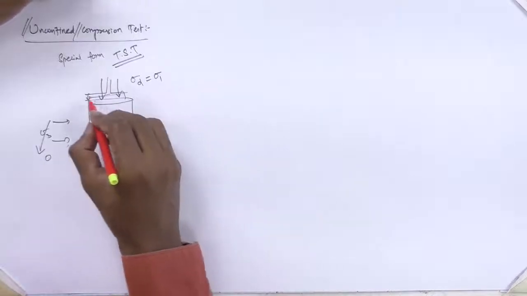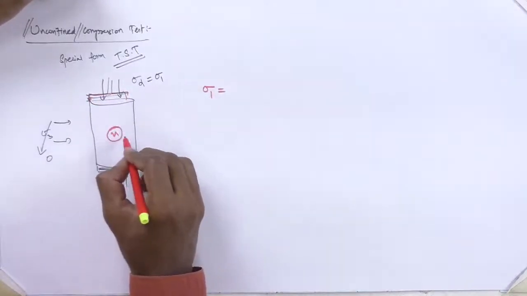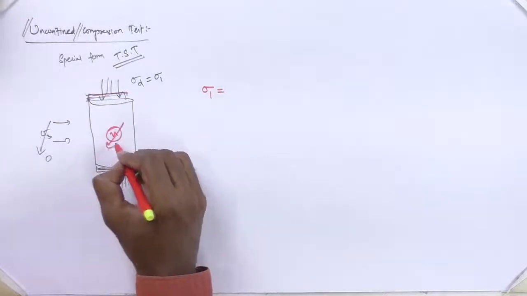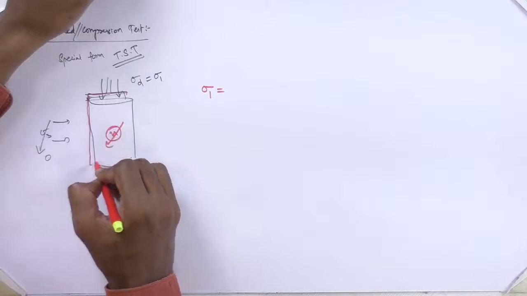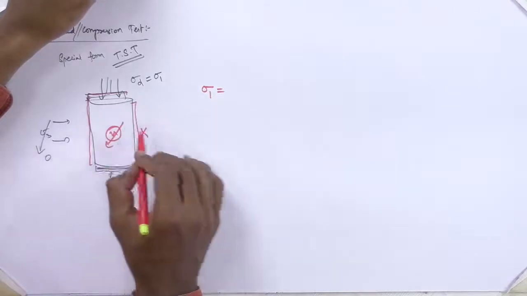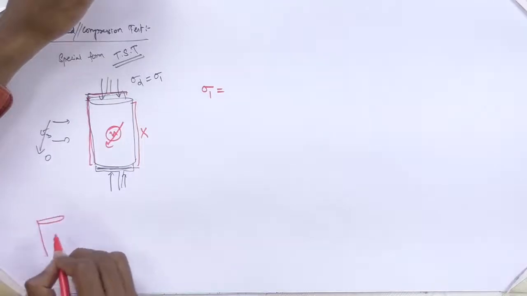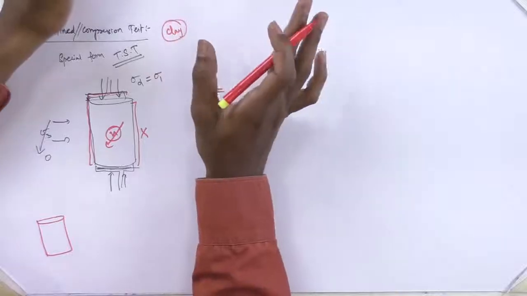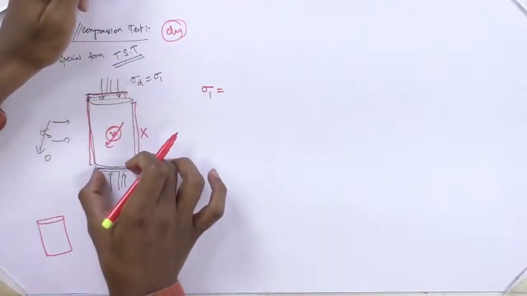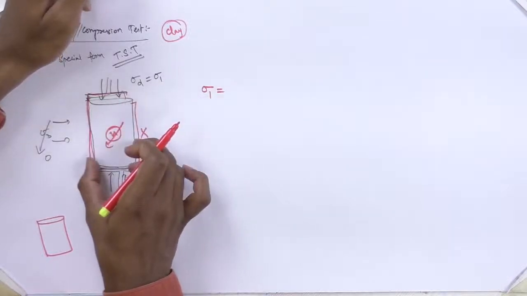So we can directly write the equation for sigma 1. Pore water pressure measurements cannot be done here, because the specimen is not confined through any permeable membrane; you are just collecting a soil sample. It is specially suitable for clay only, because only then can you collect this kind of undisturbed sample.